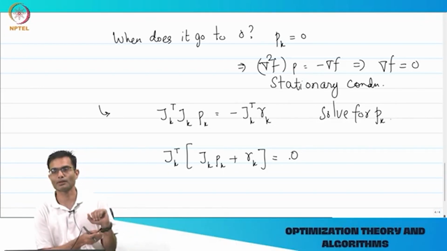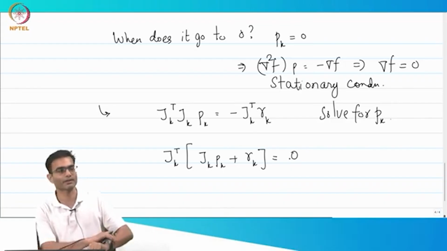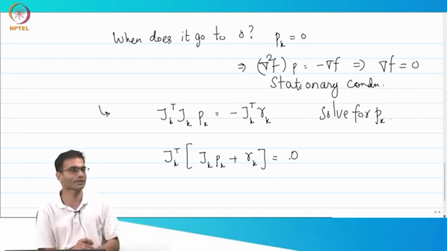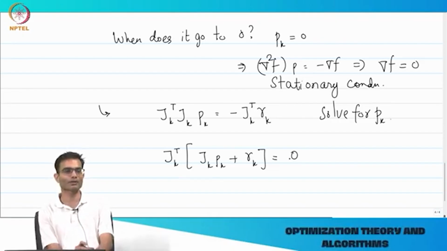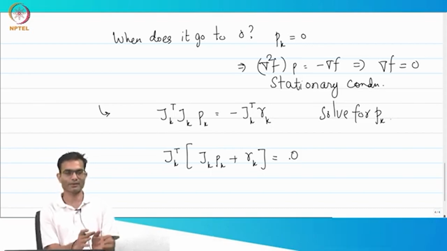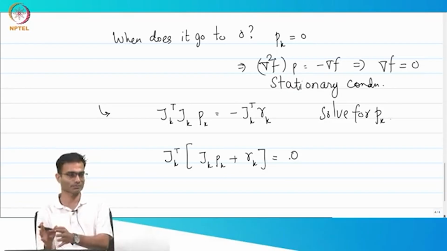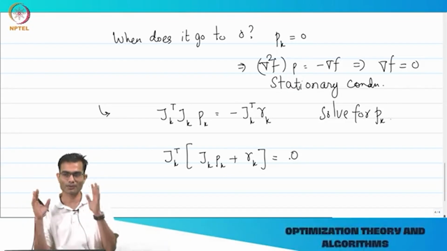Now, you are by now experts at taking gradients of various expressions. Does this expression look like the gradient of some well-known expression? This looks like A transpose (Ax plus b), and that is the gradient of what expression? The norm of Ax plus b, whole squared.